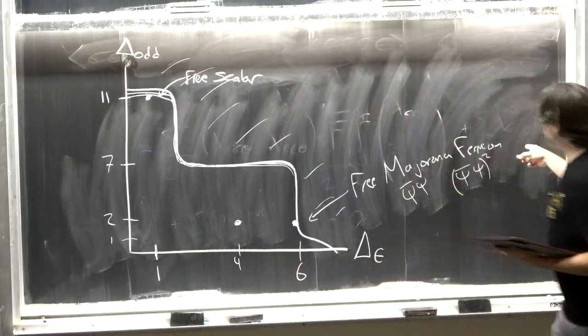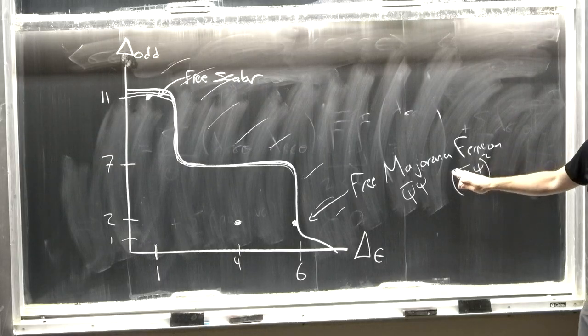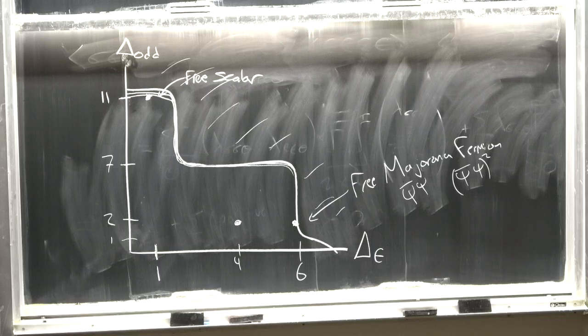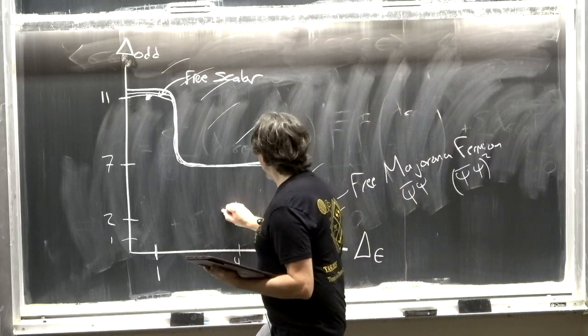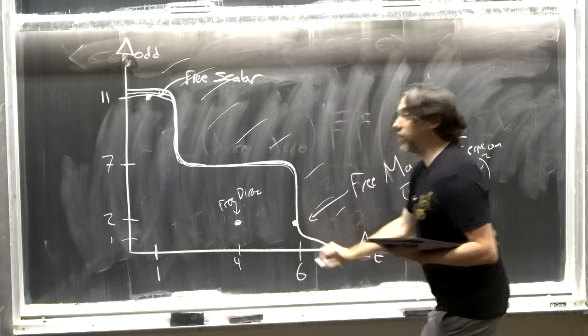If I have a Majorana fermion, which is a real 2-component spinor, this just vanishes automatically because there aren't enough Grassmann components. So you have to add some derivatives in order to make it non-vanishing. Okay, so free Dirac lives here, free Majorana lives here.